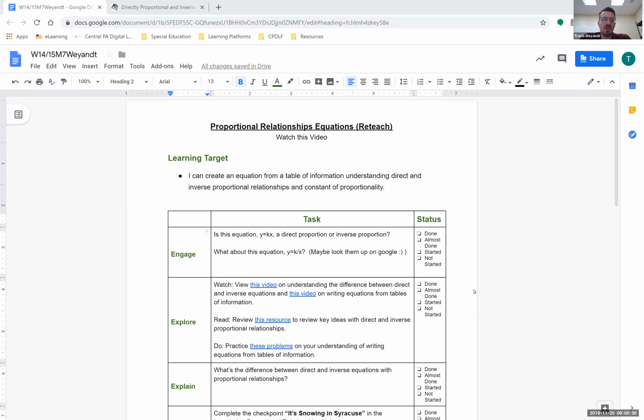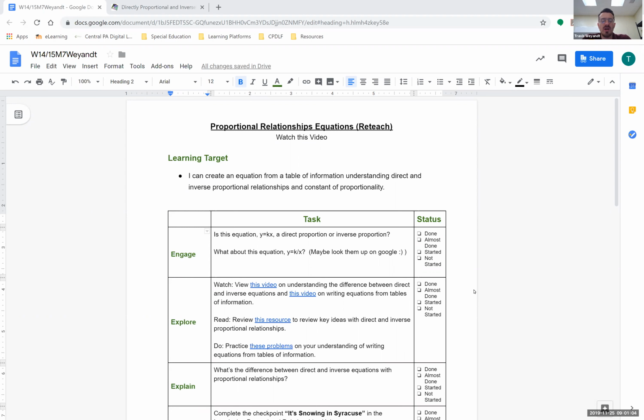But what we want to look at in this is I can create an equation from that table of information that will help me find that constant maybe a little faster, or make it a little bit more basic on what I need to do. It's around the same idea, but sometimes having an equation can help us find information that's not present on the table.